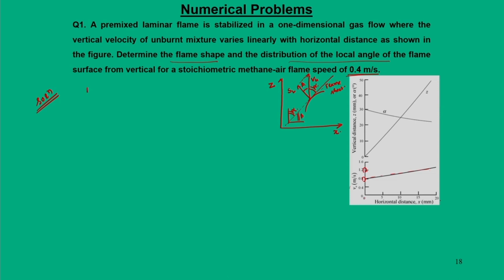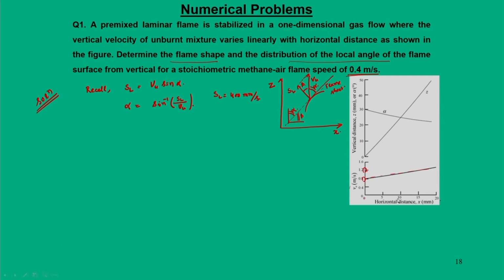So, we recall that the laminar flame speed SL is equal to Bu sin alpha, so we can write alpha is equal to sin inverse of SL by Bu. SL is given as 0.4 meter per second, which we will write as 400 millimeter per second.